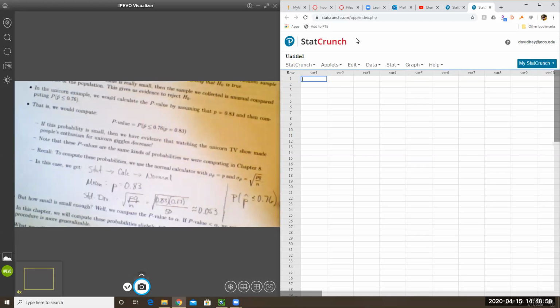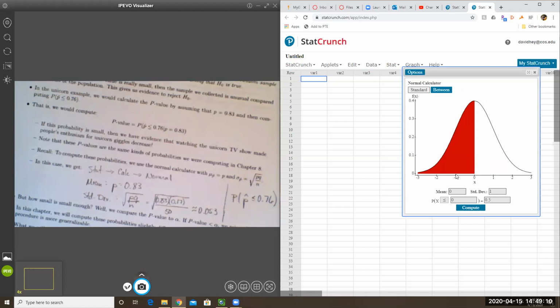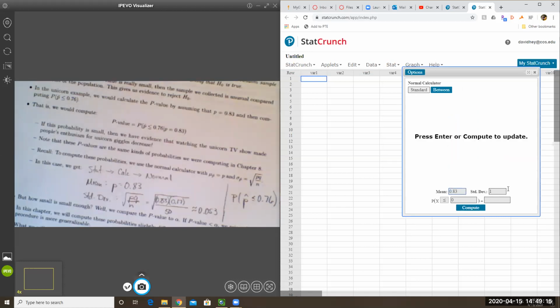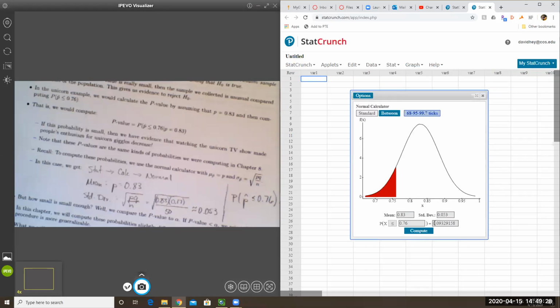Let's see what we get. So stat, calculators, normal. For the mean, we're going to put in 0.83. For the standard deviation, we're going to put in 0.053. And we want the probability p hat is less than or equal to 0.76. Okay, so there it is.